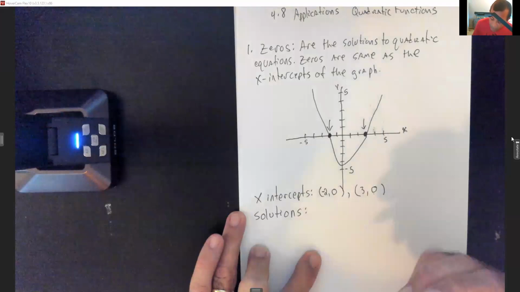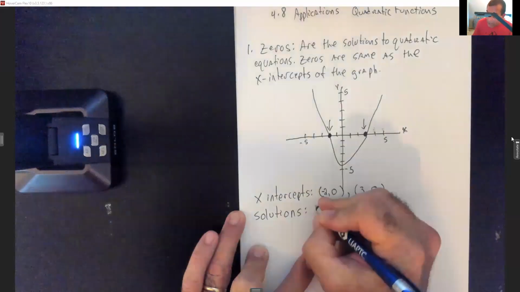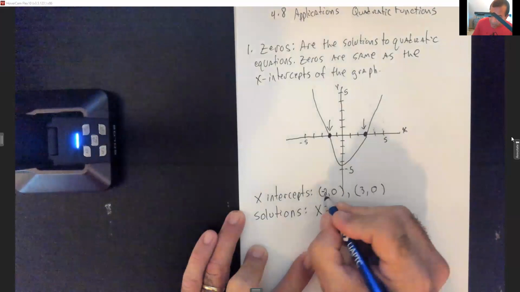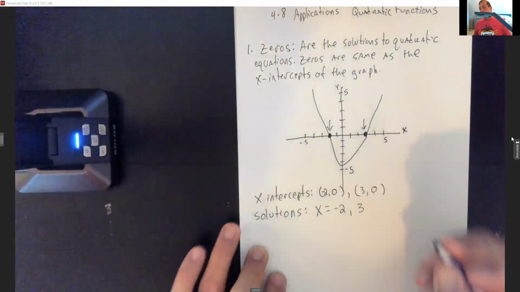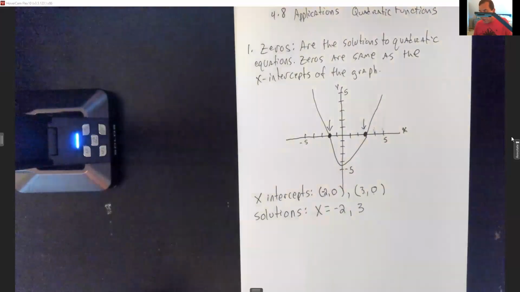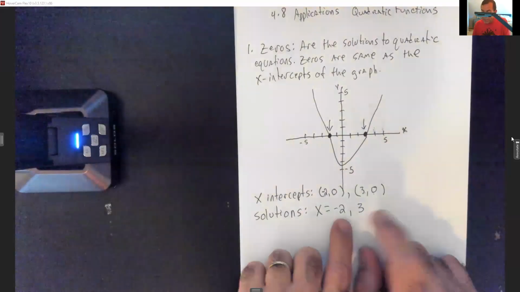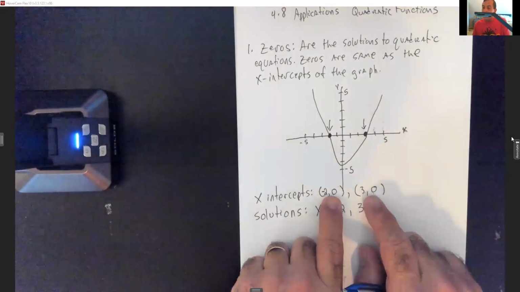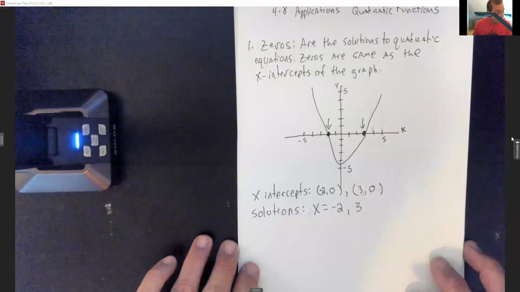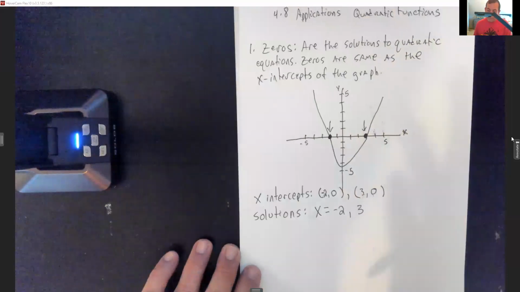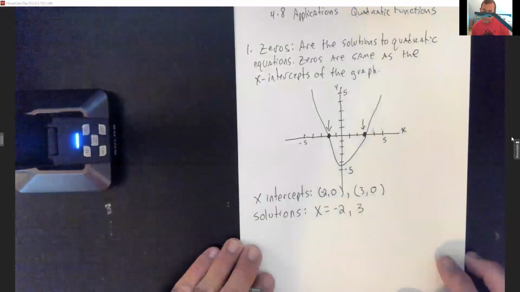On the solutions, we would put x equals the x value of -2 and then the x value of 3. So this example, they're just wanting y'all to realize that these solutions and the x-intercepts are basically the same, okay? We write them different, but they're about the same. Okay, so the first 2 problems are going to have you doing that.